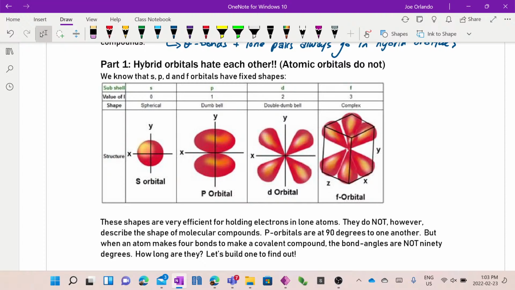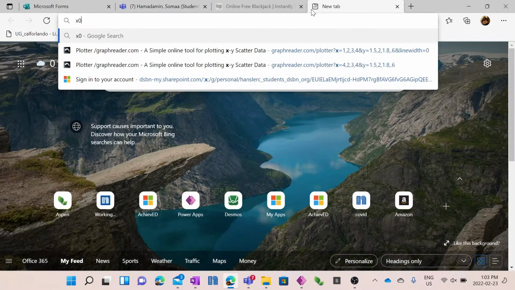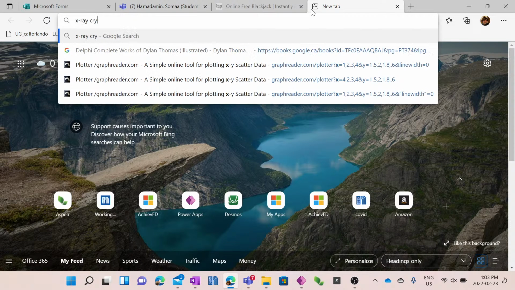But there is a field of chemistry called X-ray crystallography. It is really cool. This is how we know the shapes of molecules. Though when I show you a picture of what X-ray crystallography looks like, it seems like voodoo magic.